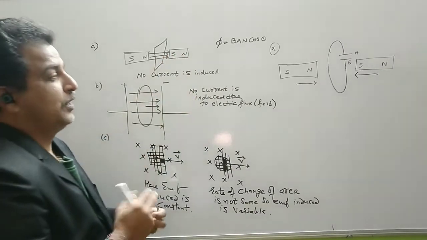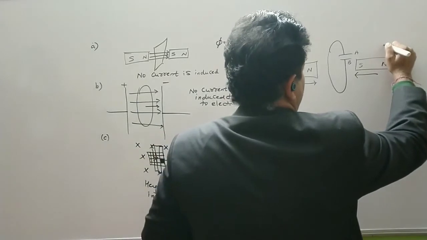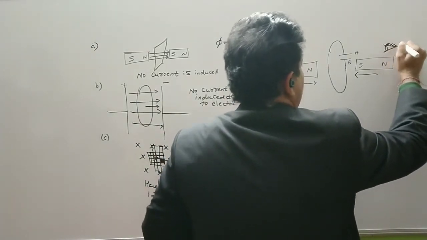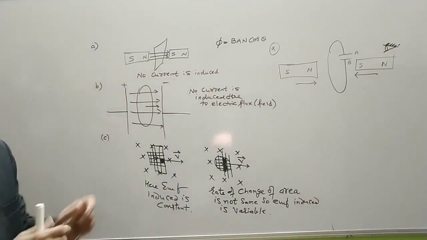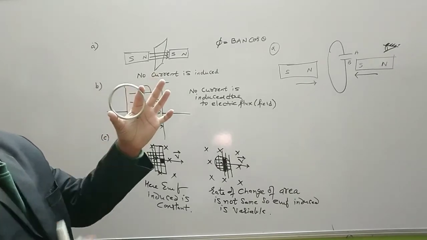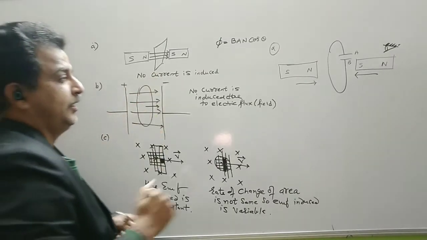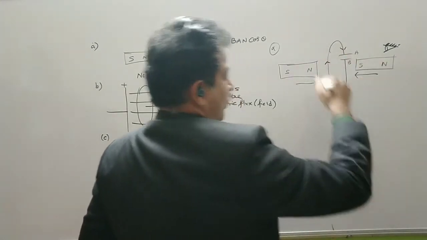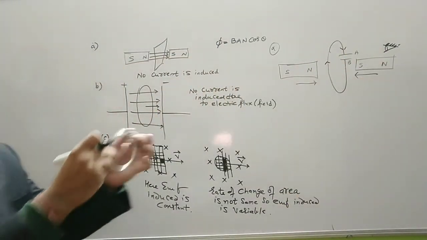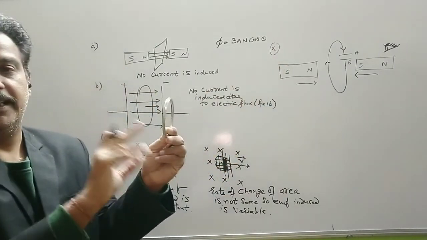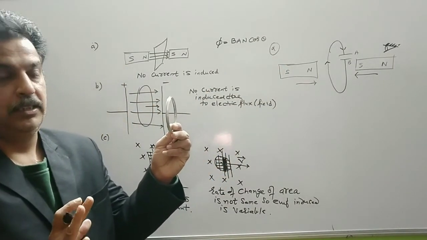If the observation is made from this side, then the current in it is in the clockwise direction. So this is clockwise direction current. If you are looking from this side, then the current is in the anti-clockwise direction.